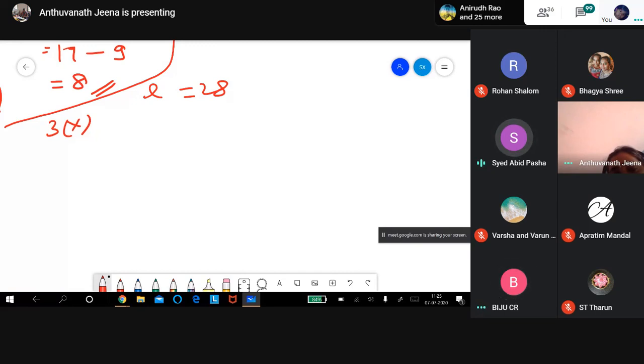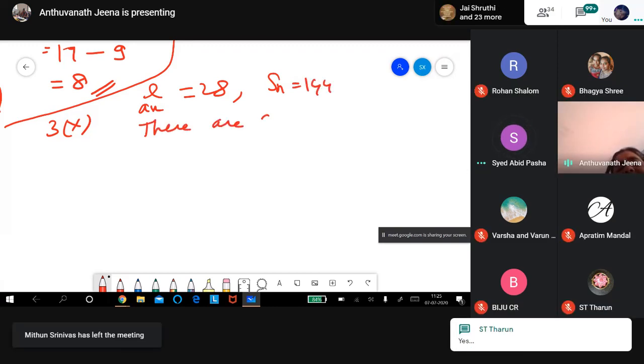L is equal to 28. S is equal to 144, and there are total 9 terms.